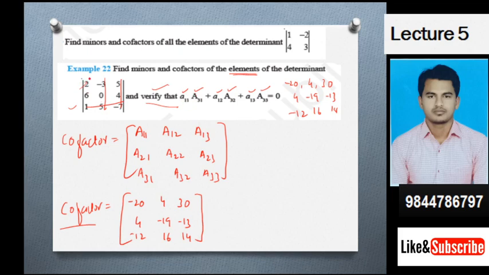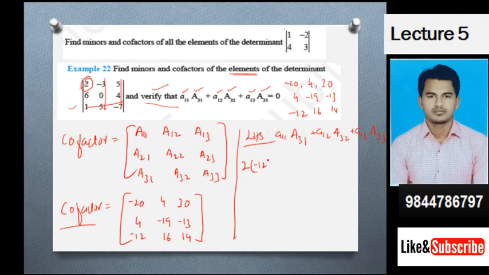A11 means this is the element of A11. I need to verify the LHS. A11, the minor of an element, plus A12, minor of the second element, A13, minor of the third element. A11, that is 2 into A31. What is the value of A31?